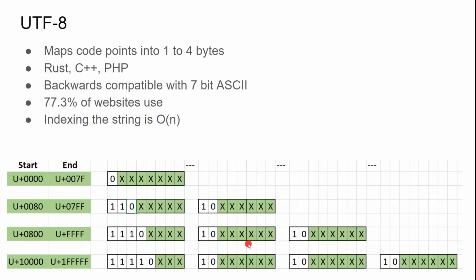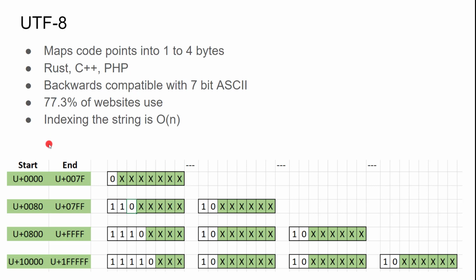The most commonly used character encoding scheme on the internet is UTF-8. UTF-8 encodes a Unicode character code point into anywhere between 1 and 4 bytes. Besides being used for most text on the internet, partly because it's backwards compatible with ASCII's 7 bits of encoding, UTF-8 is also used by Rust, C++, and PHP.